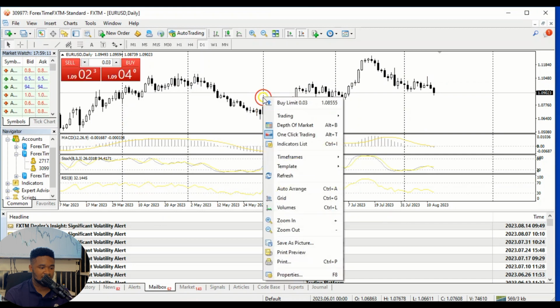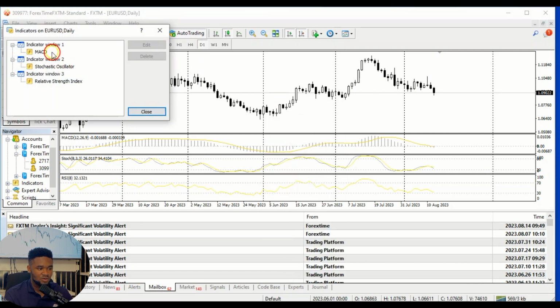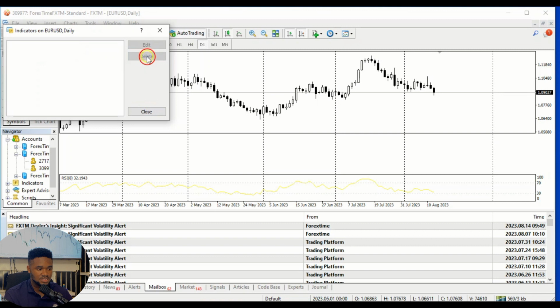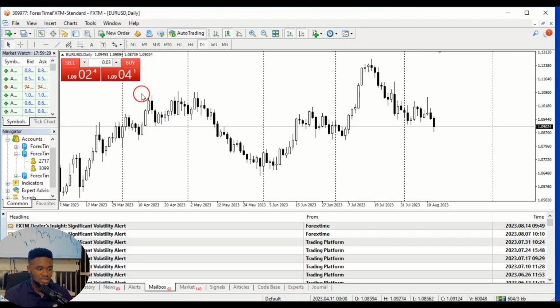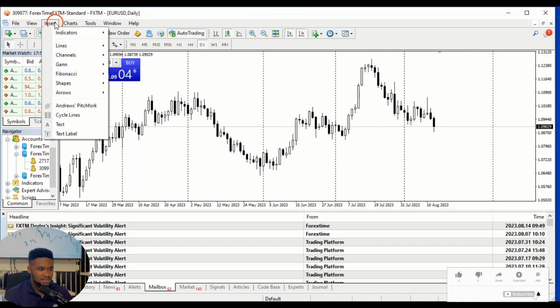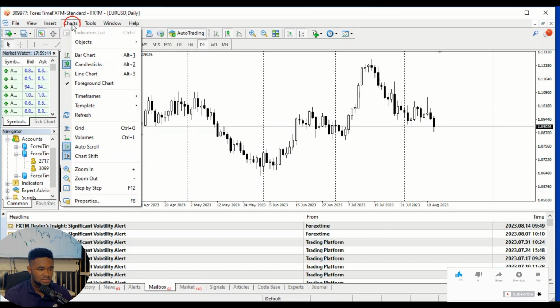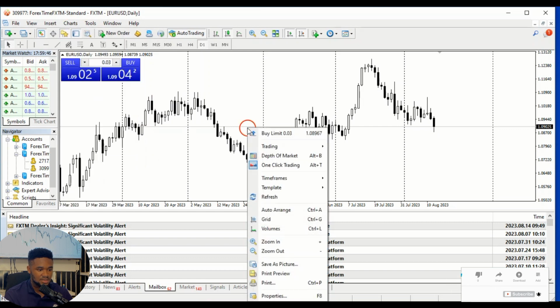Then you right click and you see the indicator list. You click on it and you have to remove all these indicators. You click and delete, click and delete, and click and delete. If you want to be an indicator based trader, you can use this place, Insert, or you can use this area, or just right click.